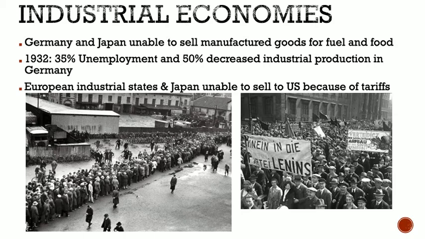So European industrial states and Japan are unable to sell to the United States because there are also tariffs in place. So we begin to see more communist and socialist movements gaining popularity, and fear of communism spreading because of the economic desperation in European countries.